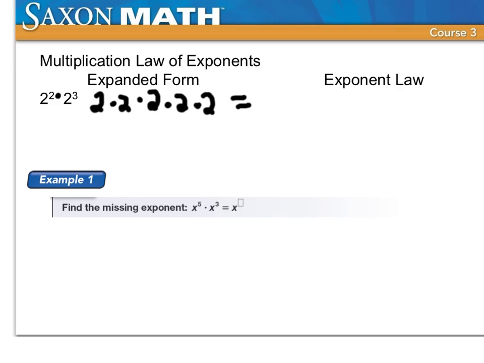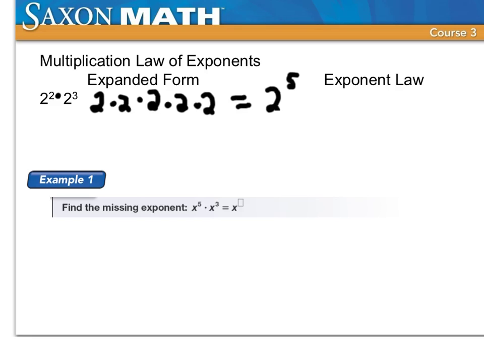Another way to write that is we've got a base of 2, and then how many of them do we have? We have 1, 2, 3, 4, 5. So that's the same as 2 to the 5th power. 2 times 2 times 2 times 2 times 2 is 2 to the 5th power.